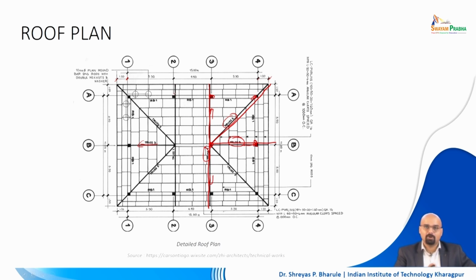So in that case the column center line and the truss center line becomes the same, right, but in this case the truss is off centered, right. So here we have both the trusses, truss number 3, along the center line, right, but here we do not have the truss 1 on the center line, neither is the truss 3 on the center line, right. So the center line of the trusses will be a bit different, and that is why we need to represent the distance between them as well, right. So that becomes our detailed roof plan, right.